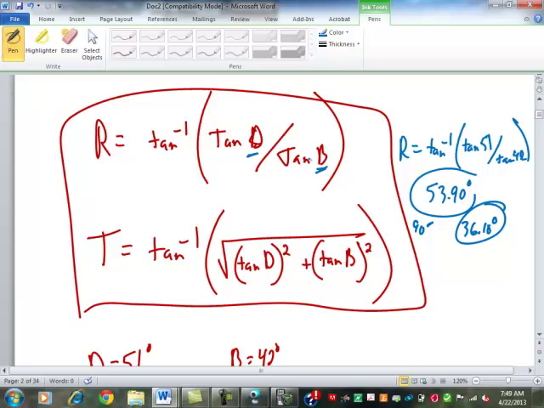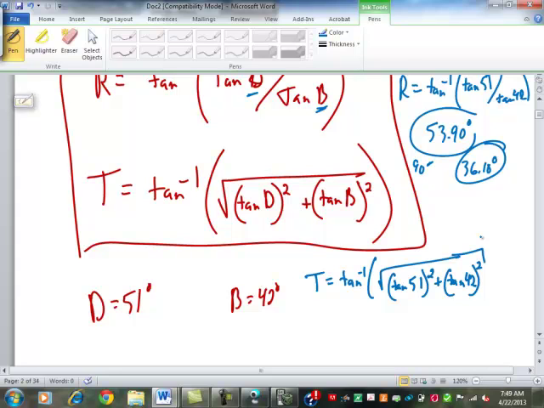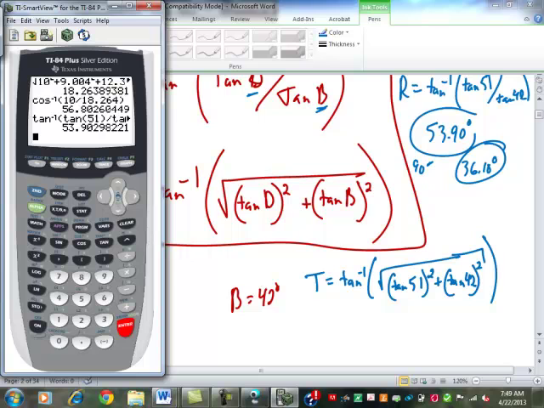Angle of tilt. T is going to be the inverse tangent of the square root of tangent 51 squared plus the tangent of 42 squared. Now this one is a little trickier. Second tangent. Now inside the tangent, I'm going to hit second square root.